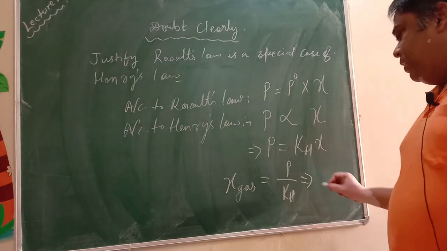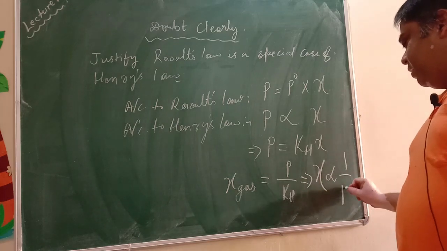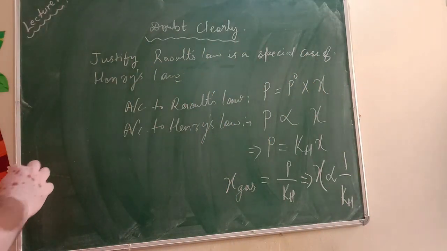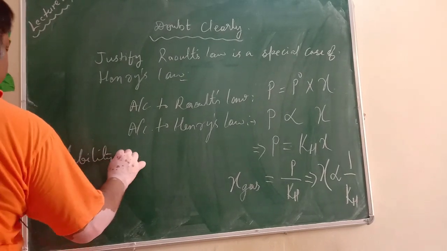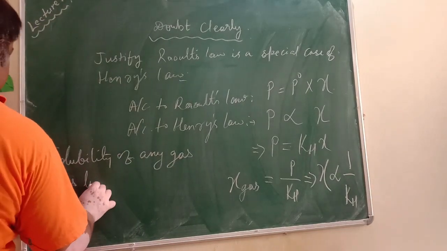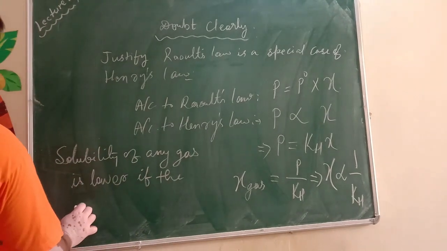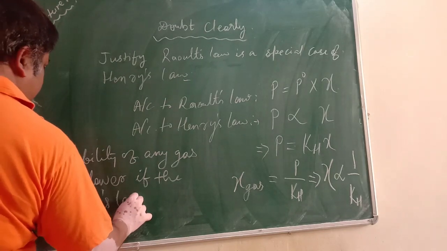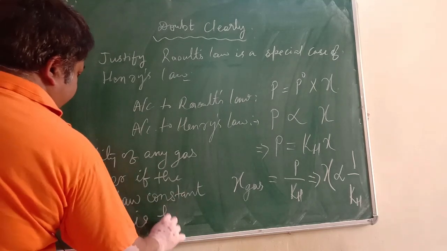This implies that solubility is inversely proportional to Henry's constant. Alright, so that's why we can write that solubility of any gas is lower if the Henry's law constant is higher.